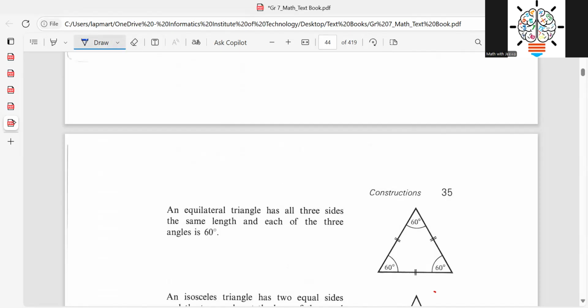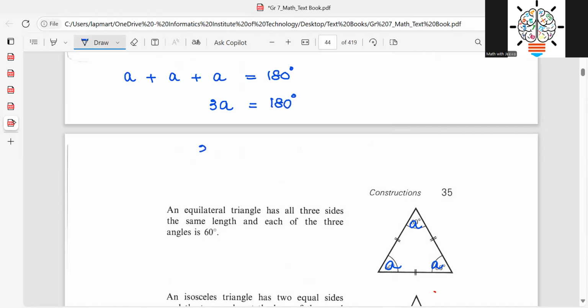So let's say this is A and this is A and this is A, children, right? That is what we learned a little while ago. When you add all these 3 angles, they will add up to 180. A plus A plus A, what is it, children? It is 3A equal to 180.